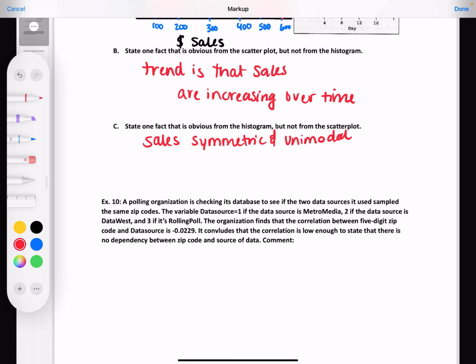Oh wait. Zip code's quantitative? The zip code is not quantitative. It's categorical. So they actually both are, because they're numbers referring to something. Both variables are categorical.